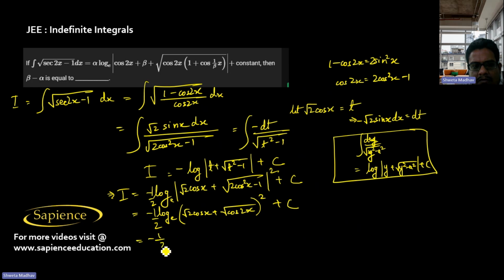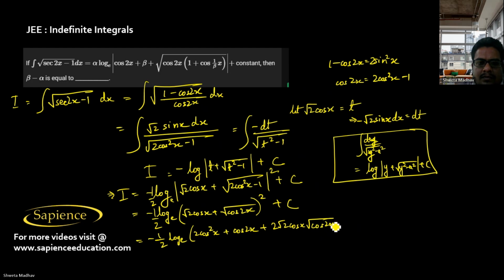Now if we square it, we will get minus half log base e of 2 cos square x plus cos 2x plus 2 root 2 cos x root cos 2x plus c.